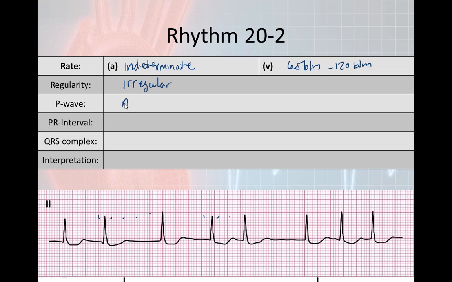P waves are absent. PR interval is absent. QRS looks almost a little bit wide. If you look over here, we have a definitive start here, a definitive stop here, definitive start here, definitive stop. Actually, you know what? 1, 2, that looks good. It looks narrow. So we have an atrial fibrillation.